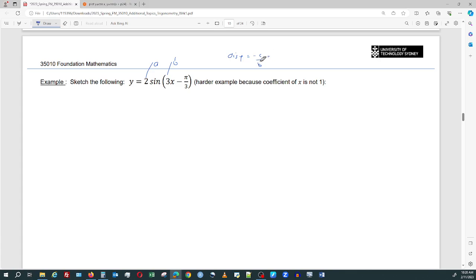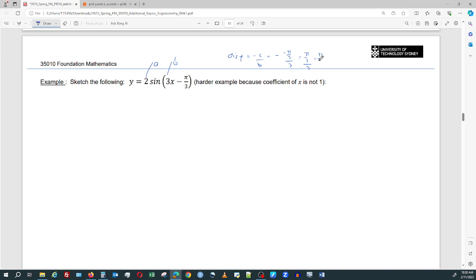So we've got minus, now this is minus, so we've got minus pi on 3. And B is not 1 anymore, B is 3. So what we've got here is plus pi on 3 divided by 3, all coincidental that they're the same, which is pi on 3.